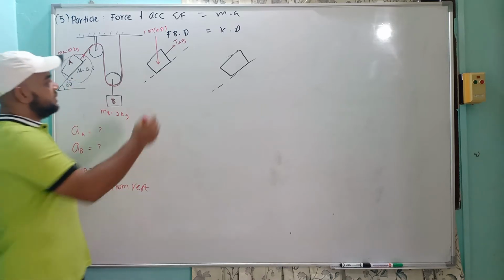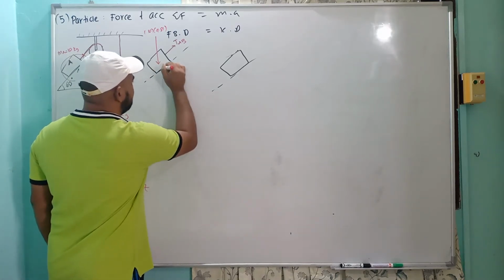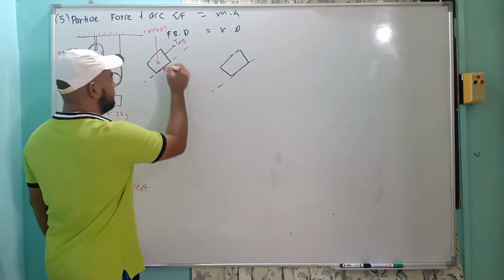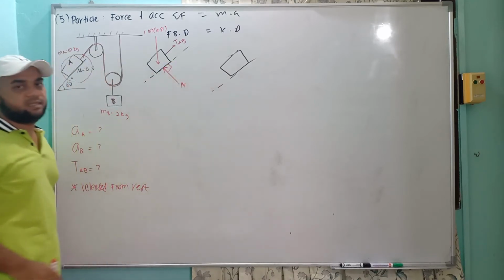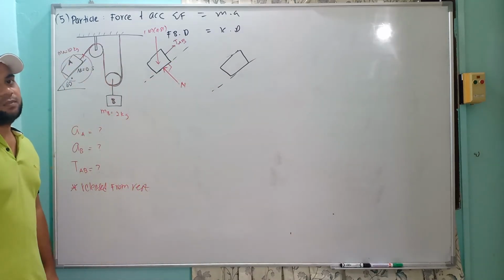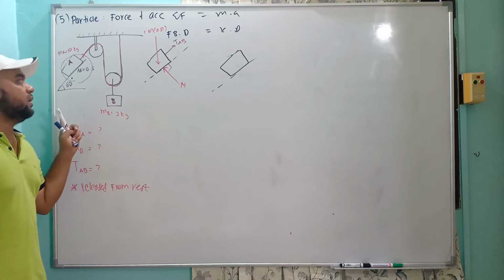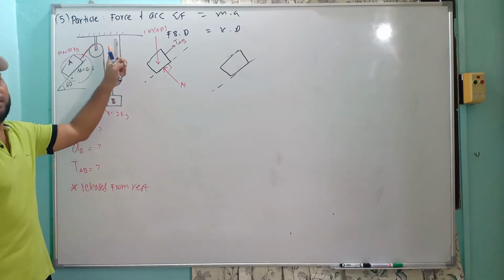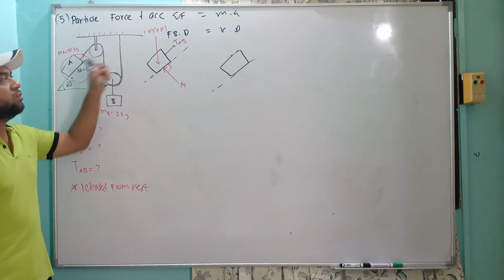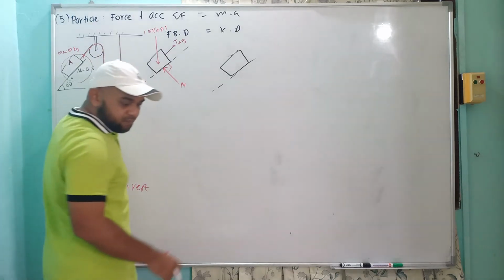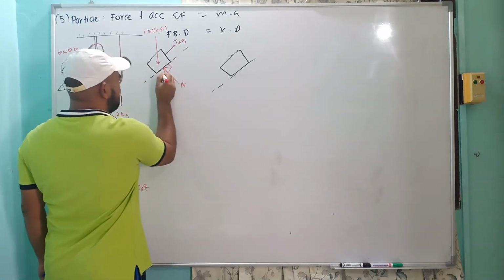Then we have the surface, so one normal force 90 degrees to the surface, and one friction force. Now I will assume that the component will move upward, so the friction goes down the incline.